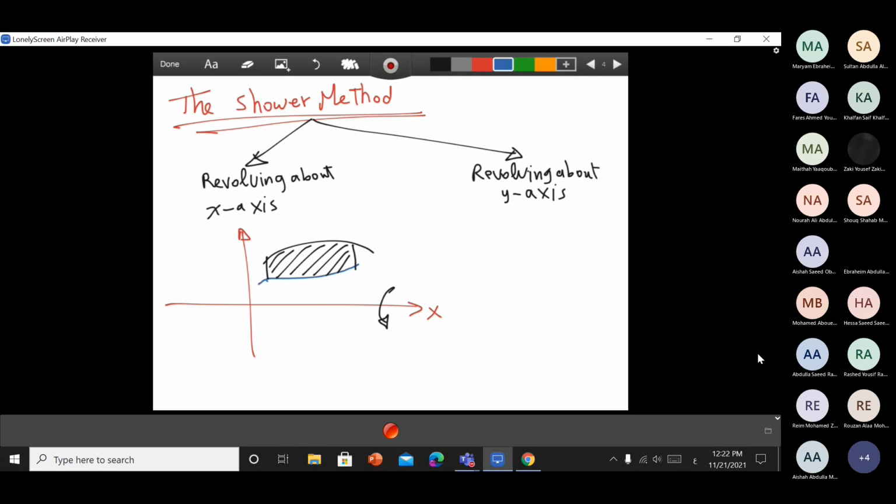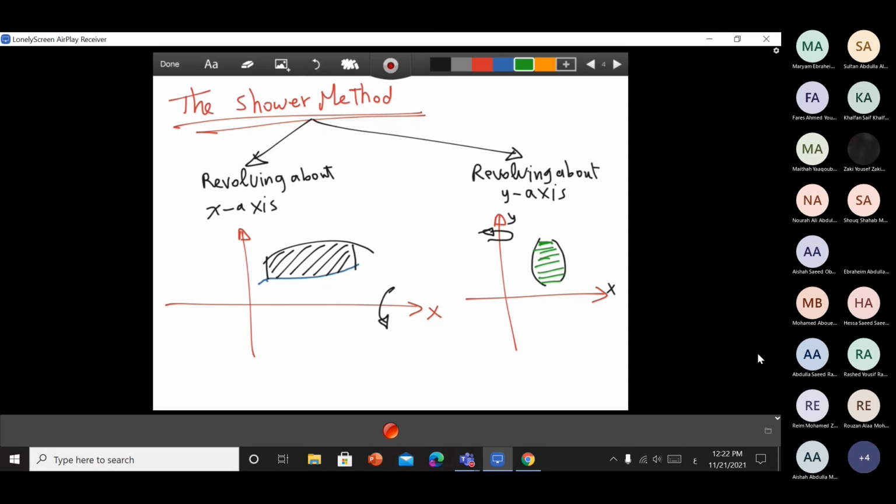Also, if we have another two curves, but we are going to rotate about the y-axis. Okay, say you have this curve and you have this curve, right? And you have a shaded area, say this one, and you would like to rotate this shaded area about the y-axis.